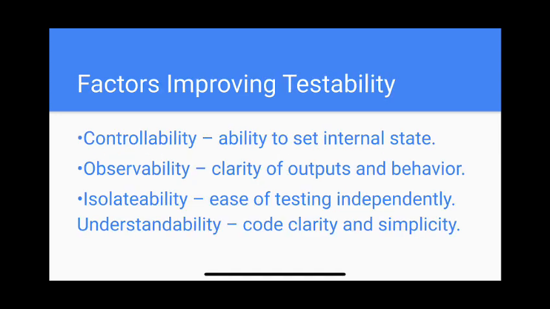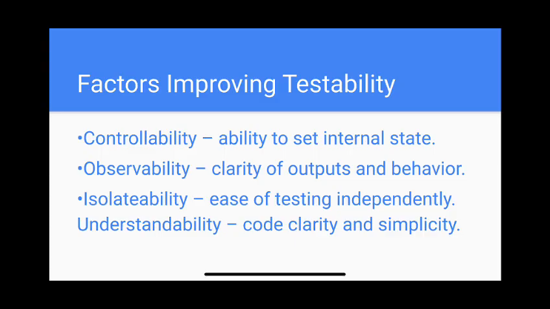Factors improving testability. When talking about improving testability of software, there are 4 major characteristics that matter the most: controllability, observability, isolatability, and understandability.